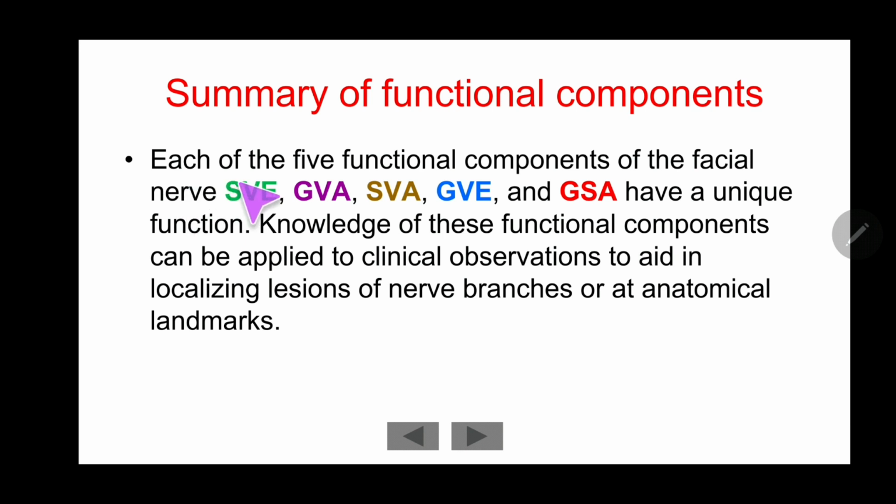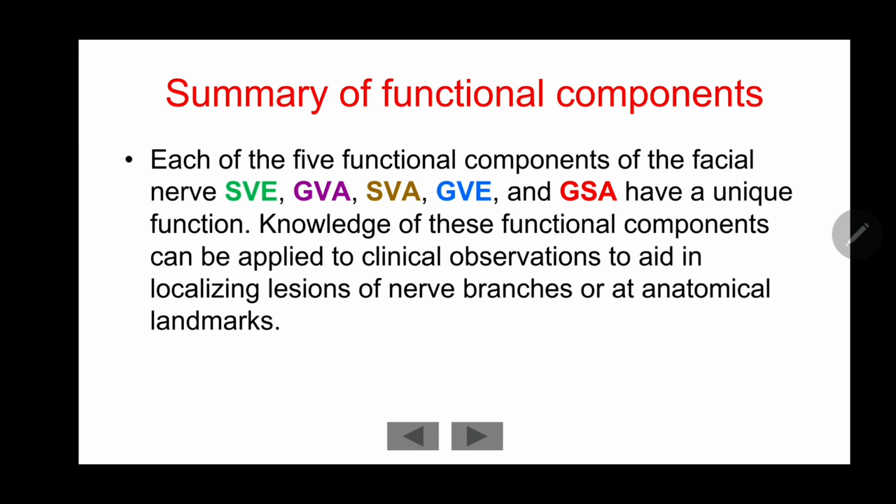What is the summary? Each of the five functional components of the facial nerve, special visceral efferent, special visceral afferent, general visceral afferent, general visceral efferent, and general somatic afferent, they all have a unique function, each of them, and each of them has been well demonstrated. I have given enough time explaining all of them.